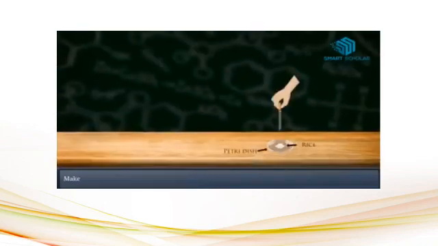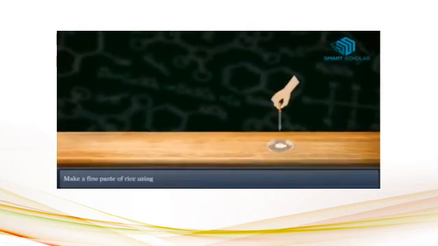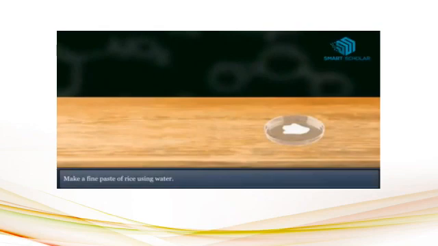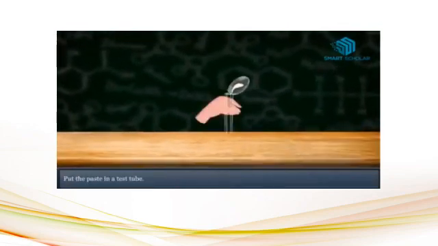Let us start our experiment to test the presence of starch in food. Take a small quantity of rice in a petri dish. Make a fine paste of the rice using water. Put the paste in a test tube.